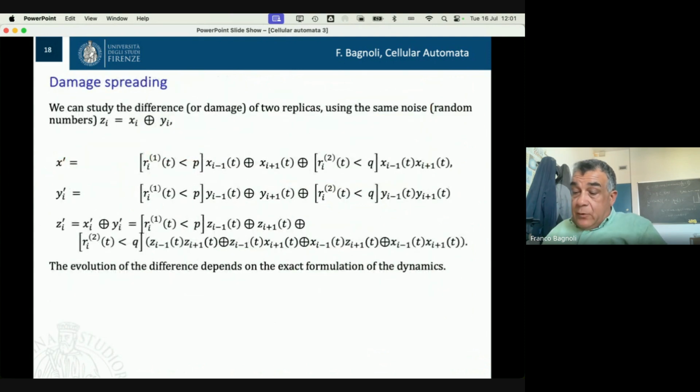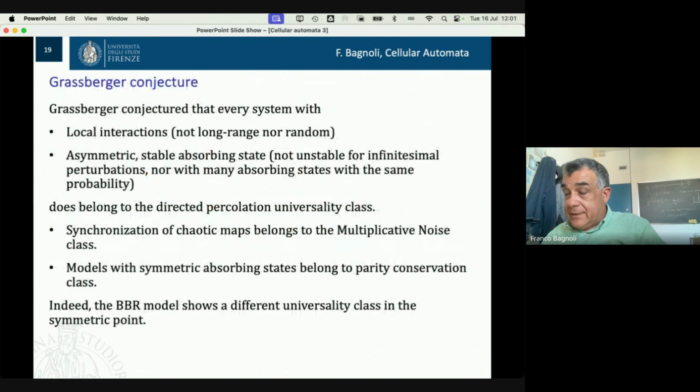And we can also study the damage spreading in different kinds of approximation. If you want to formulate, for instance, the Domany-Kinzel model, here you still have to put parentheses. So this is the formulation with two different random numbers.